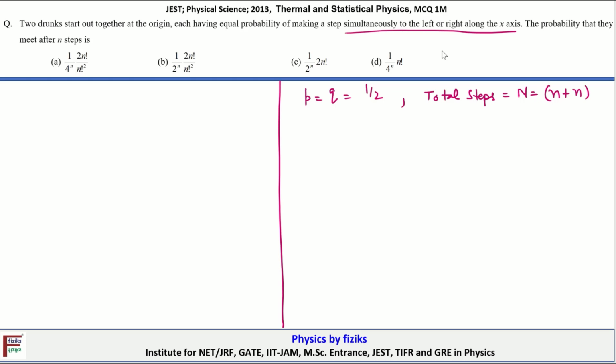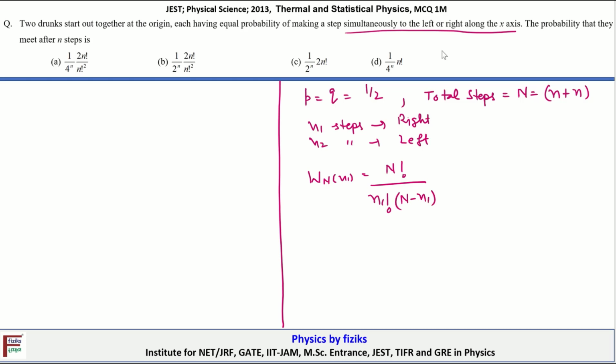If we recall the final result that we learned for the random walk problem in one dimension, where n1 steps were along the right and n2 steps were along the left direction, the corresponding probability was W_N(n1), equal to N factorial upon n1 factorial, times the remaining N minus n1 factorial, times p to the power n1 and q to the power n2. So this was the result that we obtained.